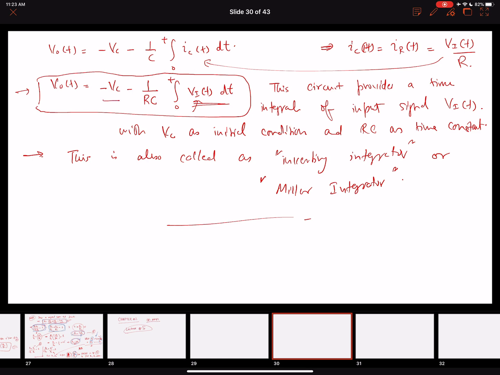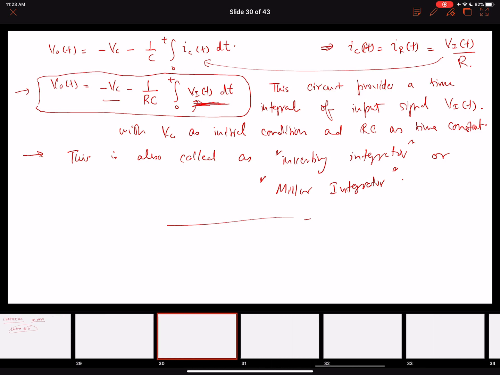Again, this is the initial condition voltage appearing across the capacitor at time t equals 0. And then VI of t is the input voltage, so it is taking the time integral of the input voltage. Now I am going to also analyze this in the frequency domain, and we're going to make the Bode plots, or the magnitude response plots, of that as well.